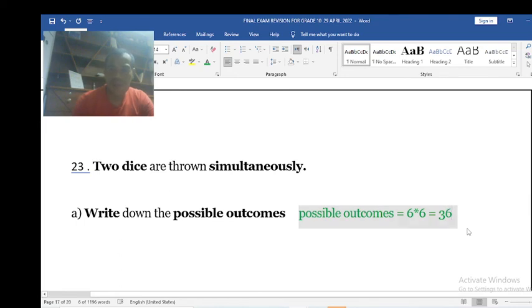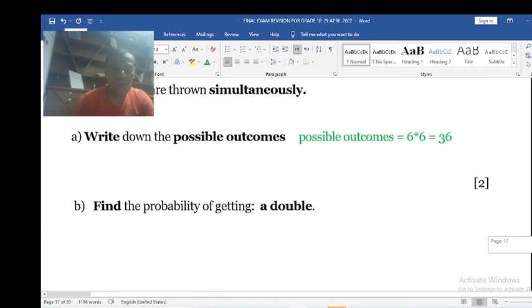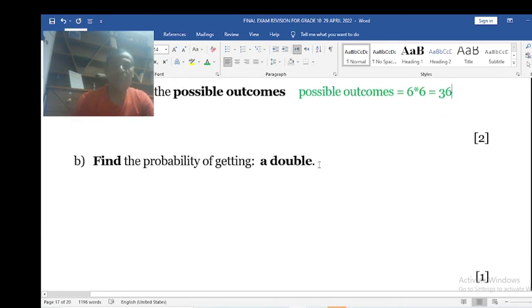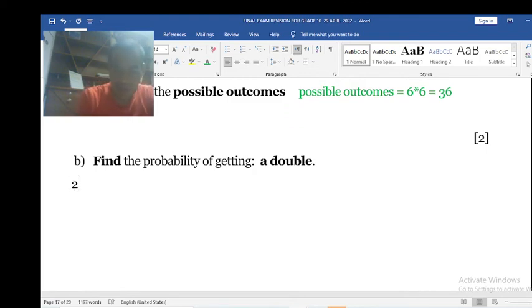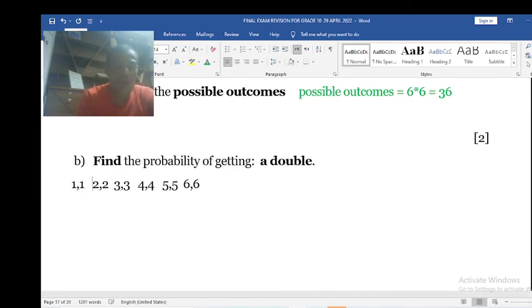Okay. Then for the next one, find the probability of getting a double. So how many doubles do we have? We have 2,2; 3,3; 4,4; 5,5; and 6,6. Also, don't forget about 1,1. So how many outcomes?